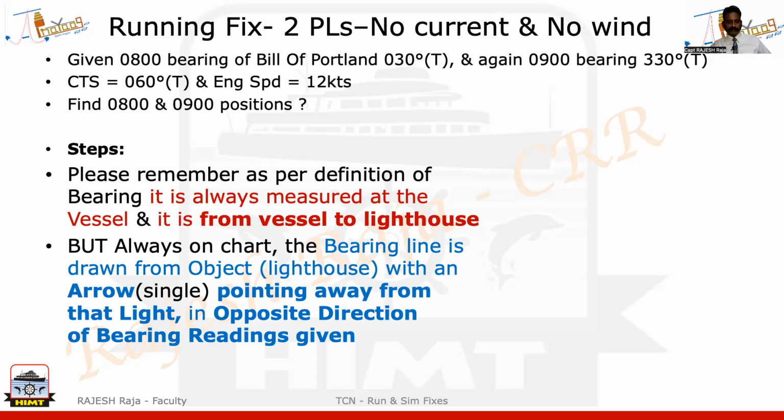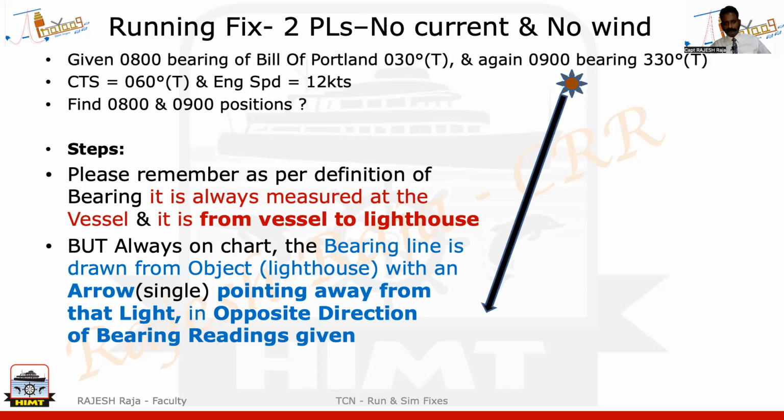This point is important because I have mentioned it before also. A lot of beginners make this mistake, so I'm going to show you on the chart. We know what a PL is. PL is always a line on which your vessel's position can be found.